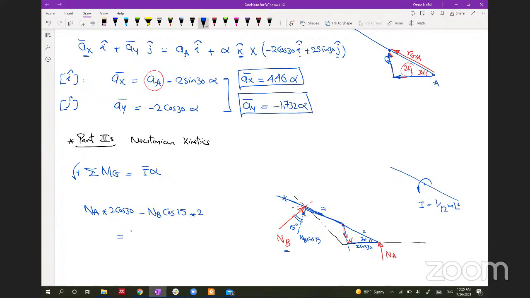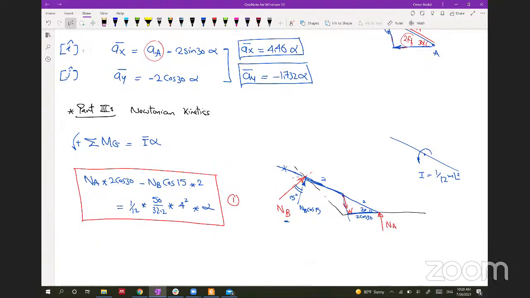So I bar will be 1/12, and the mass will be the weight divided by 32.2, and L square is 4 square multiplied by alpha. So we got our first equation. And actually, let's reduce this equation.